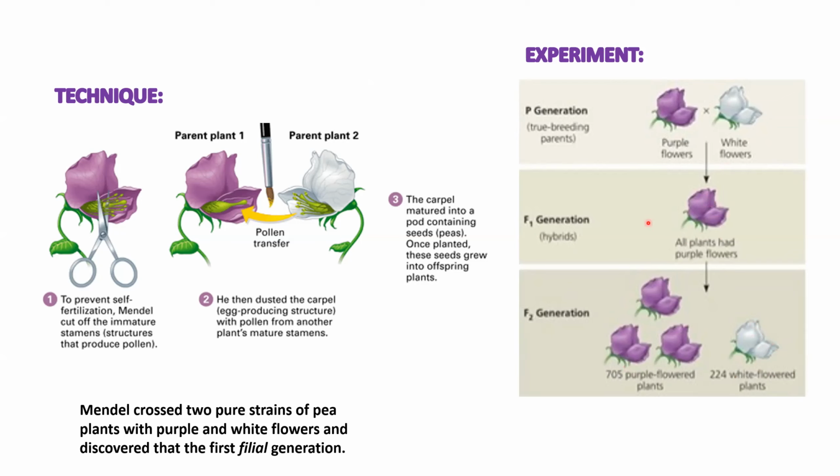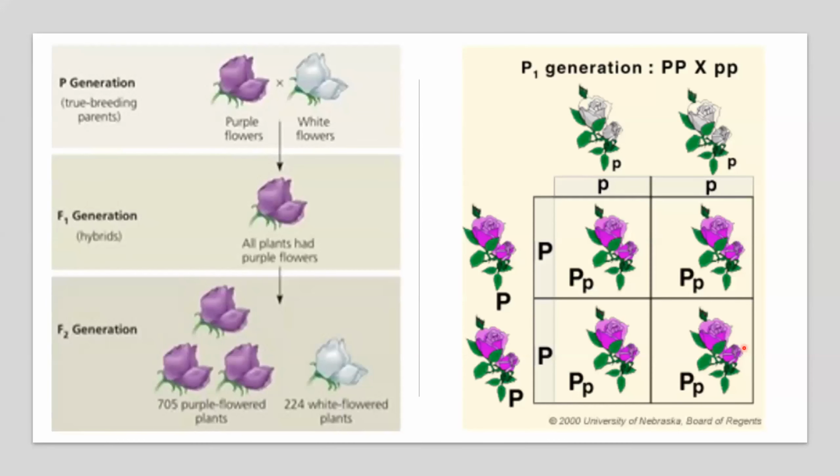So although all of these were purple flowers, they had to have that information from their parents so that we could see this white flower appear again in the F2 generation. And this just shows the cross breeding of the parental generation.